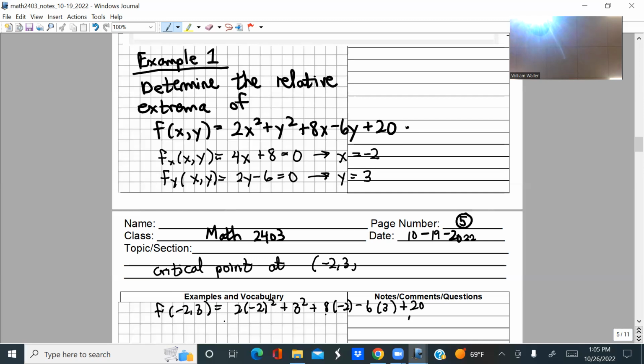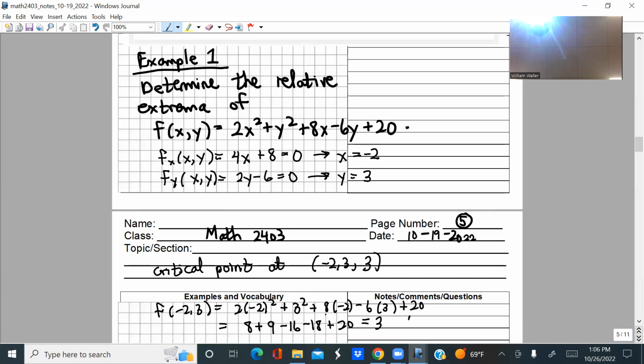My goodness, what's all of that? 8 plus 9 minus 16 minus 18 plus 20. Is that something like 3? So there we have it.